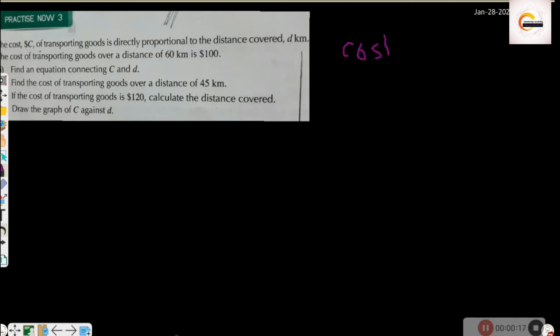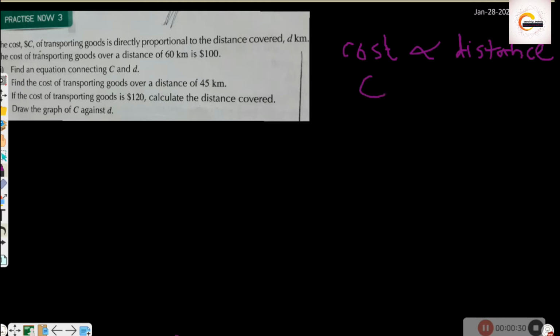Practice now. Question number 3. The cost of transporting goods is directly proportional to the distance covered, d kilometers. So it is from the question. Cost is directly proportional to distance.